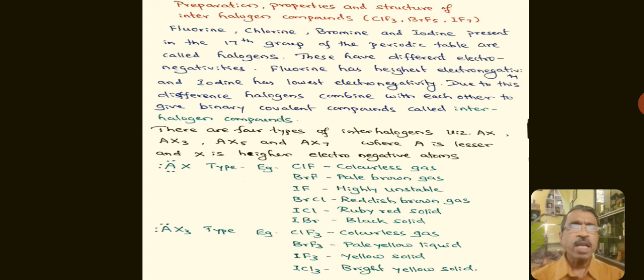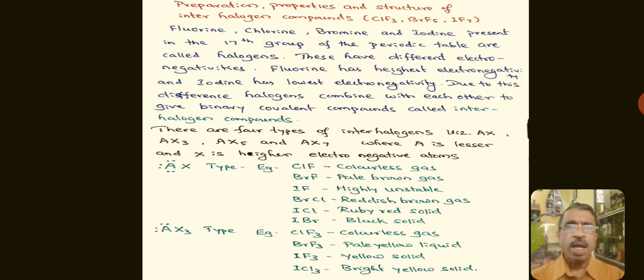There are four types of interhalogens, namely AX type, AX3 type, AX5 type and AX7 type, where A is the lesser and X is the higher electronegative atom.